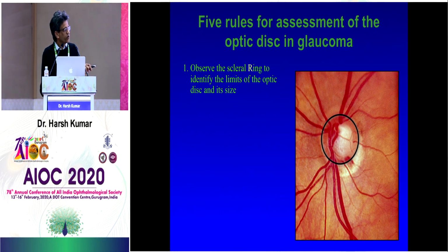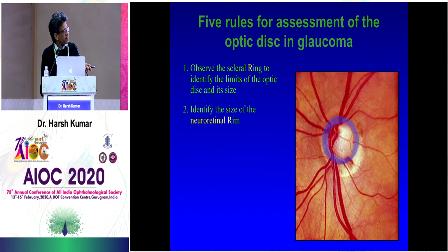So what are you looking at? You are looking at the edge of the disc. Then you are looking at the neuroretinal rim. This is the actual thing. We always keep talking about the cup, and I will also say it, but the truth is that what you are looking at is the neuroretinal rim, which is all the fibers that are alive. If these fibers die, we are not seeing them.